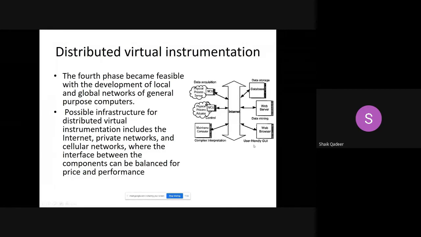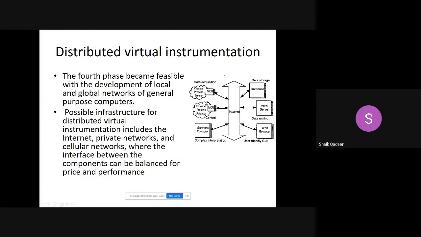Obviously, to interface to the computer, we need a web browser, web server, in fact the cloud servers, or databases like Oracle. All together can be connected, which helps in the implementation called distributed virtual instrumentation.